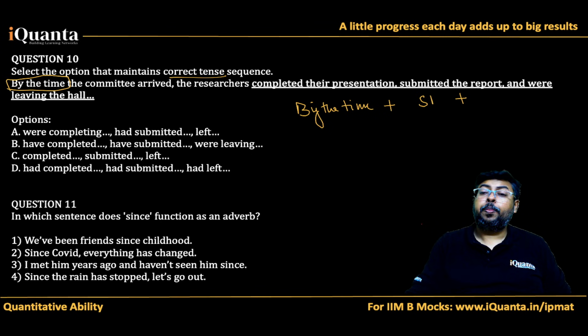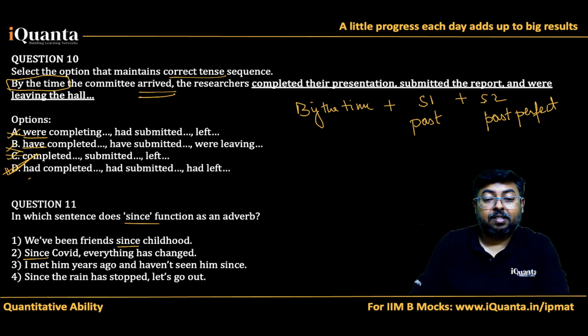Okay. Question number 11. In which sentence does since function as an adverb? Now look at it carefully. In the first one, since is written before a noun. Next, since COVID, again a noun. I met him a year ago and haven't seen him since. Okay, this since is all alone. And the last one, again, since is written before a noun, which is the rain.